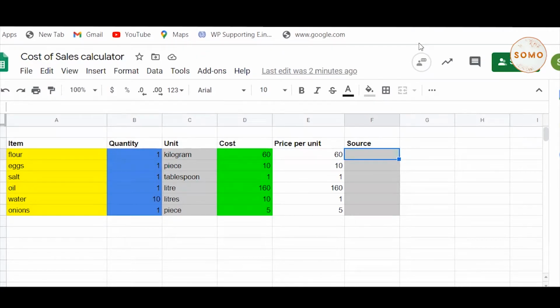After filling in the cost column for each ingredient, the next thing that you're going to put is the sources of this ingredient. That is where we are buying them. In this case, all these ingredients are being bought from Naivas supermarket. So we'll just put Naivas supermarket. Good.